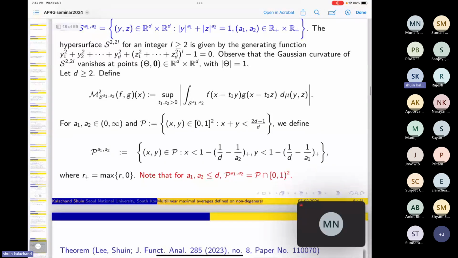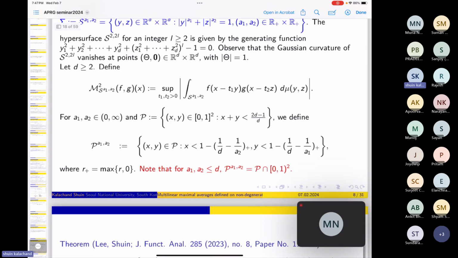Then we define a new set P(A1, A2) given by the points (x, y) belonging to P such that x is less than this number and y is less than this number, where the plus means the positive part, basically the maximum of r and 0.